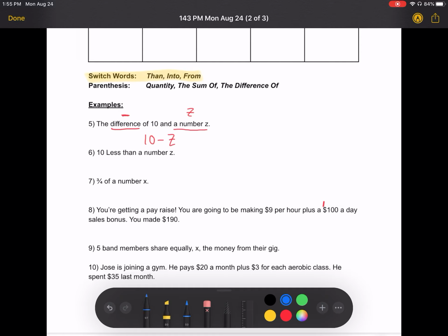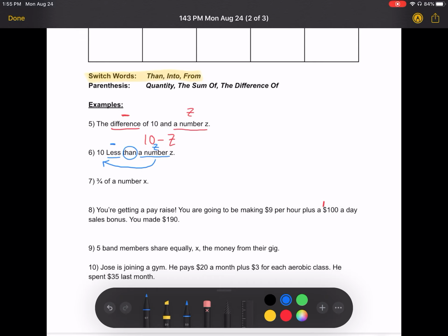Next one, 10 less than a number z. Okay, so less is subtraction, then is a switch word, and a number z is the variable z. So what that then does is switch the order of these two things that we're subtracting.